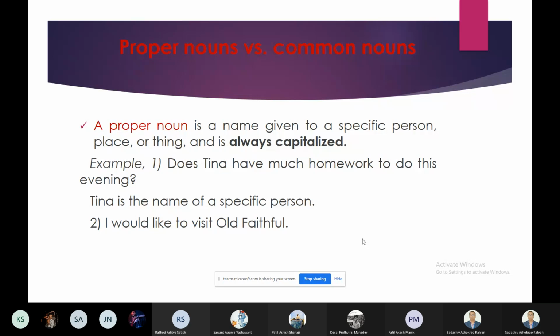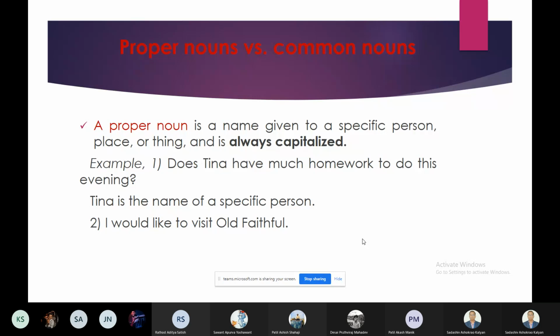When we say the Shahu Palace, it talks about a specific thing, a specific place. That's why it is considered a proper noun. It is a name given to a specific person or place. And we always want to keep in mind that a proper noun is always capitalized whenever we use it.